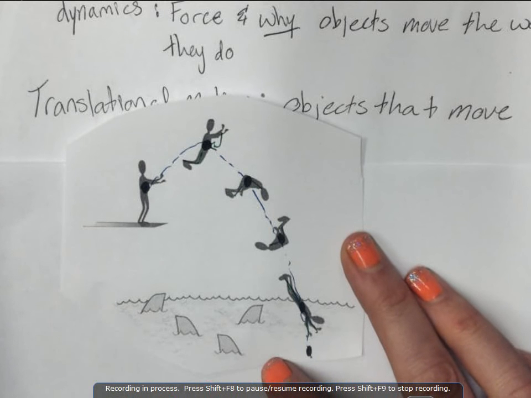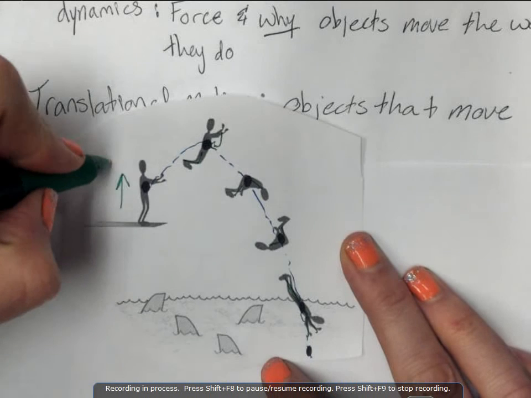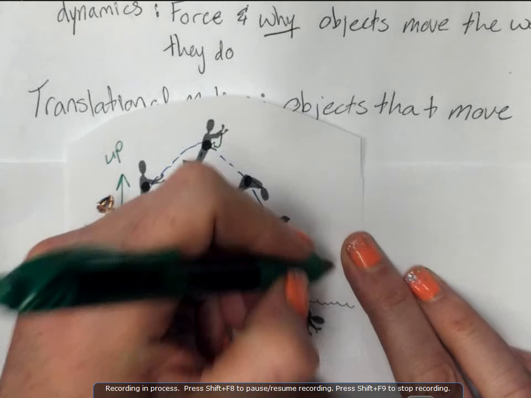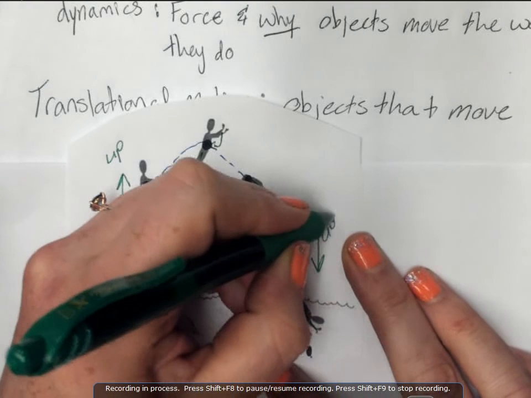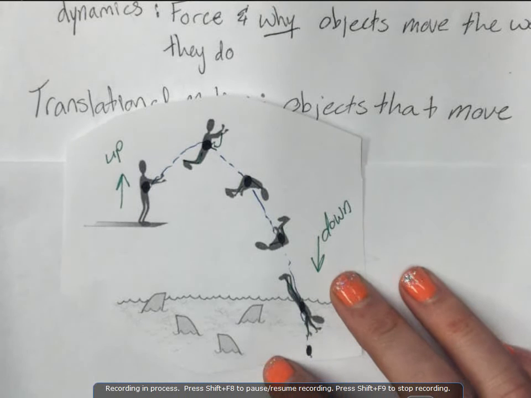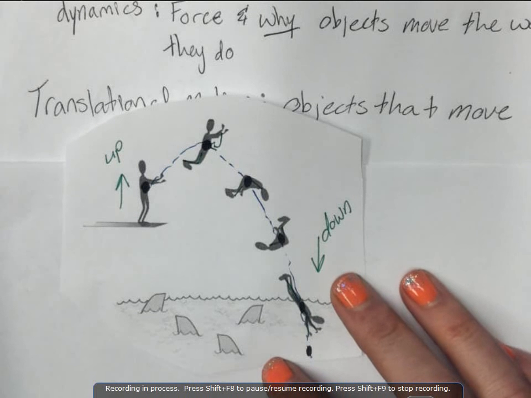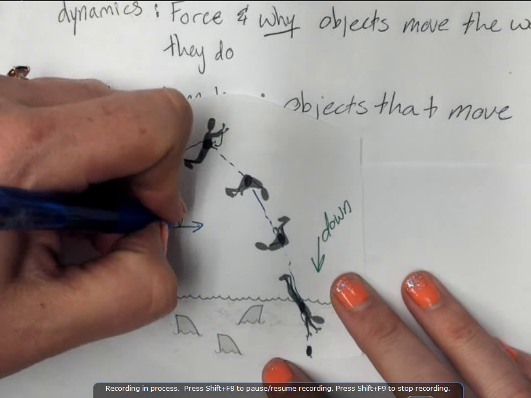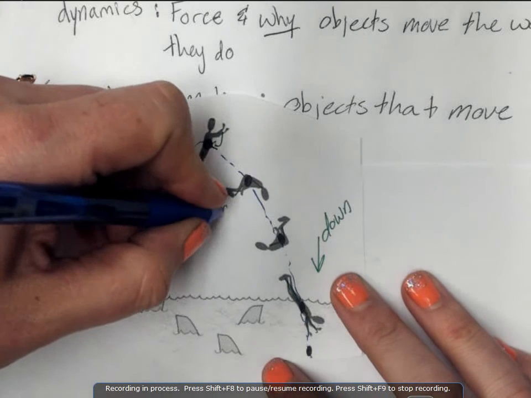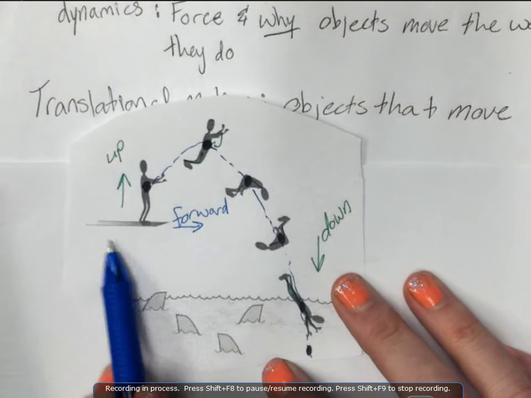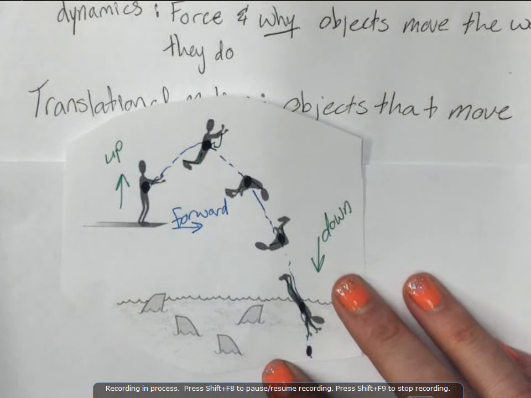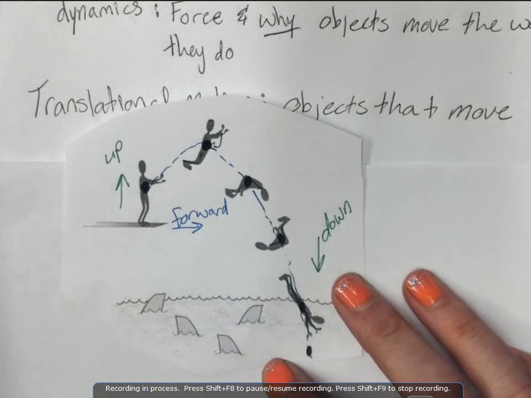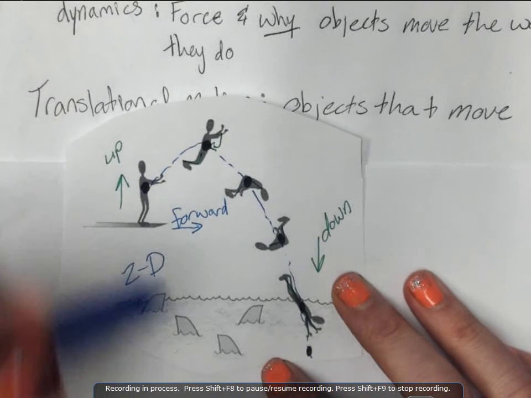The person is going to jump up and fall down, that would be movement in the up-down direction. But this person also propelled themselves forward. So this person is moving up and down and back and forth. This would be motion in 2 dimensions, 2D.